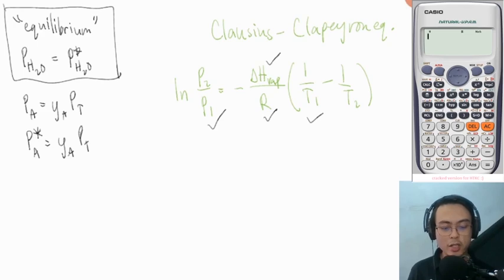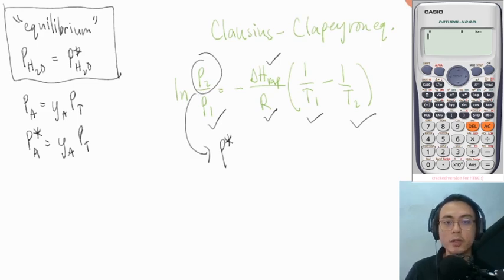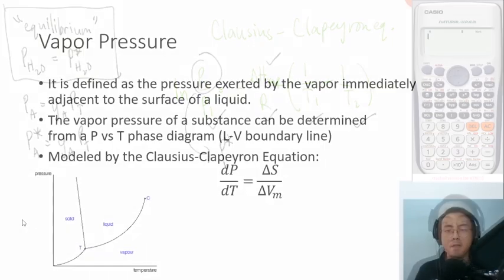You know the second temperature and you are solving for the new vapor pressure. Remember, the pressures here are vapor pressures if we are talking of the Clausius-Clapeyron equation. I think we have an example later that will make use of it. So we will just go back to this equation, but I will teach you the easiest way to determine the vapor pressure of a substance.